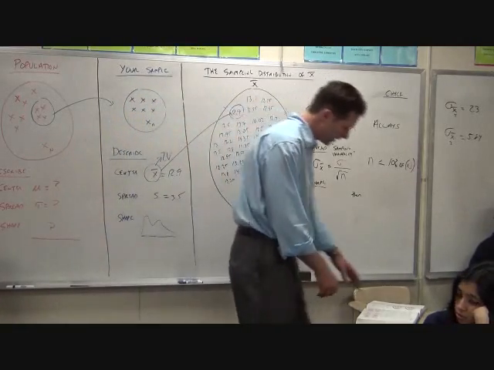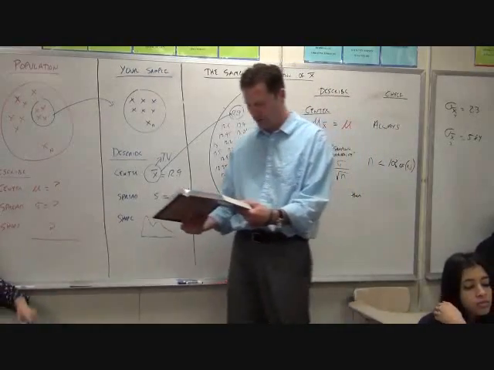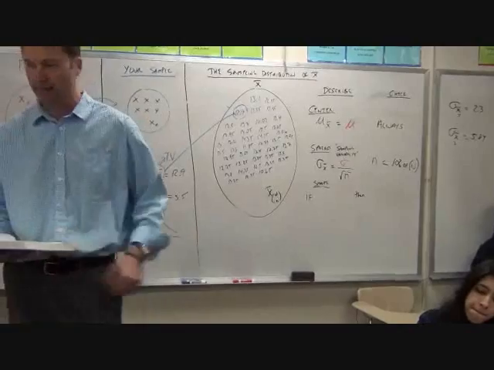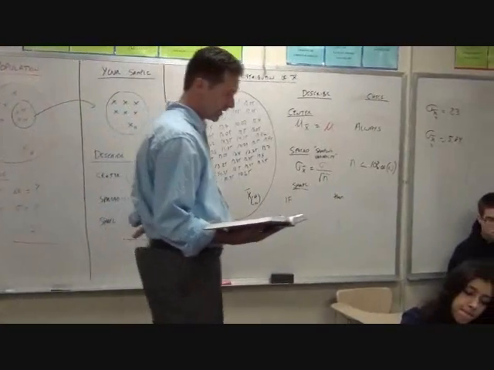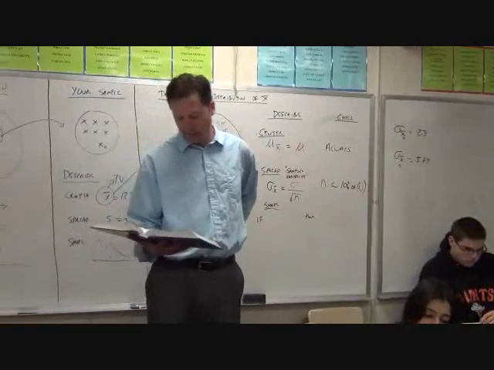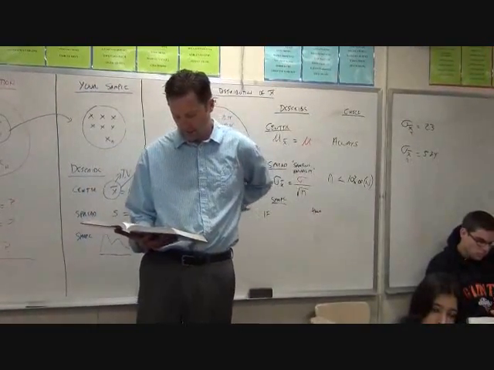Okay, if the book gives an explanation, I read it every year. I don't know if I understand it, but every year like 2 or 3 students go, oh yeah, that makes sense, so I'm going to read it to you. It's on page 498. See if this helps you out a little bit. Why does the size of the population have little influence on the behavior of the statistic from a random sample?